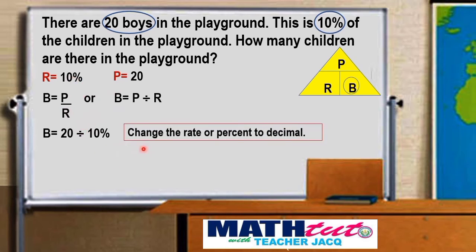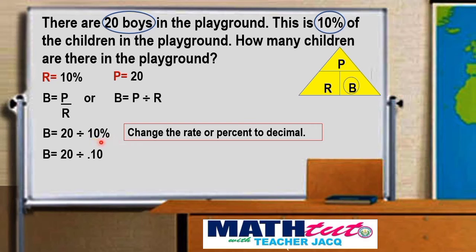Now, we will change the rate or percent to decimal by moving the decimal point 2 places to the left. Okay, so ito ang ating decimal point. I-move natin siya ng 2 places. 1, 2. That's why ang ating rate ay 0.10. Okay, so pwede din namang the other way ng pag-convert ng percent form into decimal form.